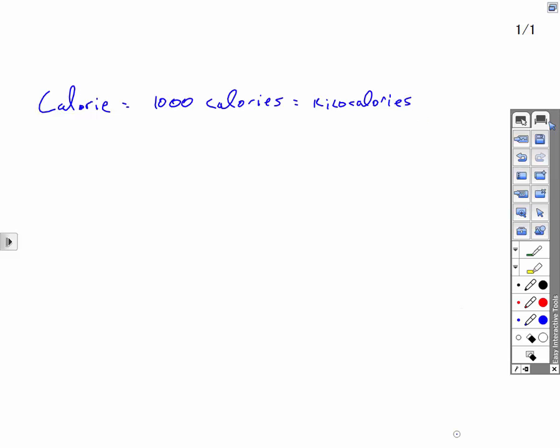So what that means is if I had 1,000 milliliters of water, which is the same thing as 1 liter of water, and if I wanted to increase the temperature of that entire liter by 1 degree Celsius, it would take 1 capital C calorie to do that, which would be 1,000 small c calories.